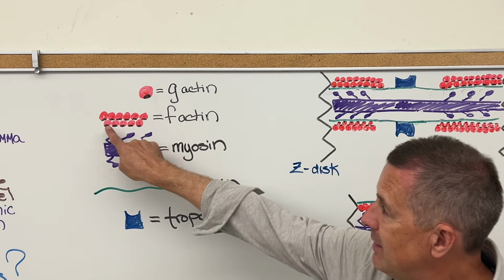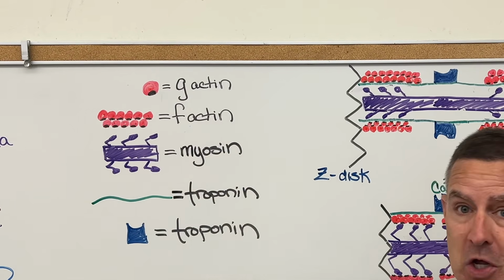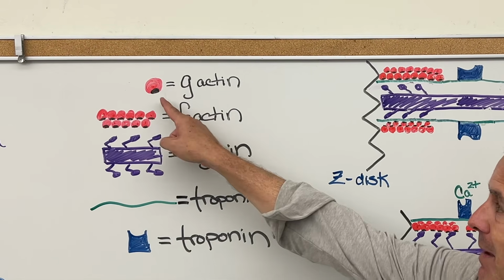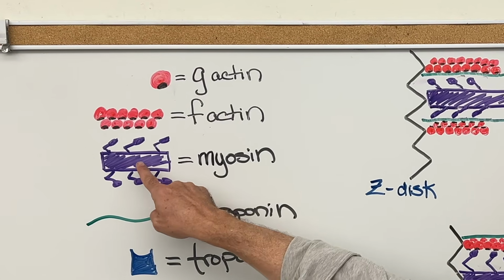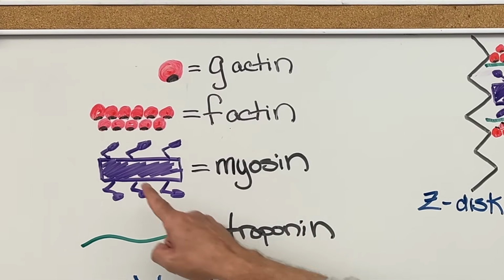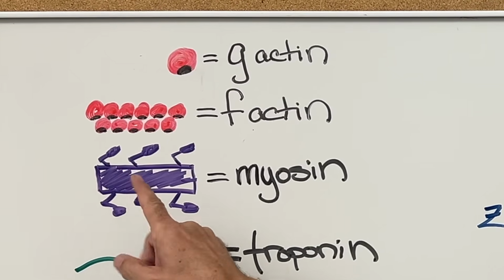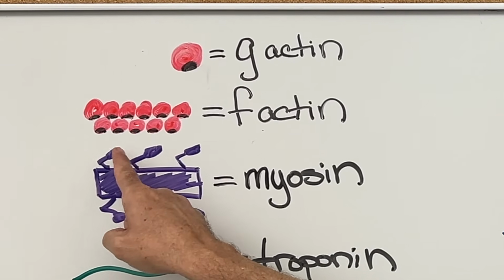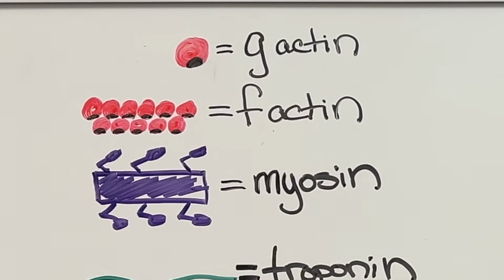The black parts of the G-actin molecule, which we see along F-actin, are a binding site for the myosin head. Here we see the myosin molecule. It makes up the thick filament of muscle, and coming off the myosin molecule are these myosin heads right here. So we have 3 heads here, 3 heads right here.